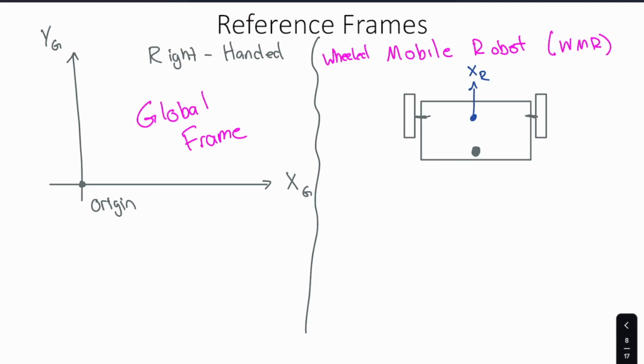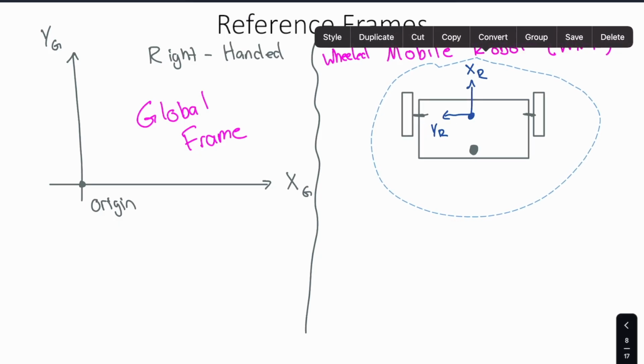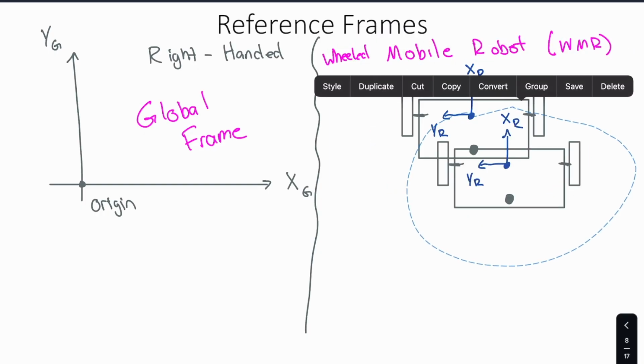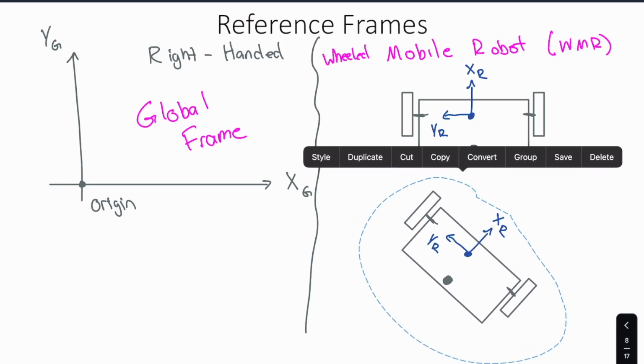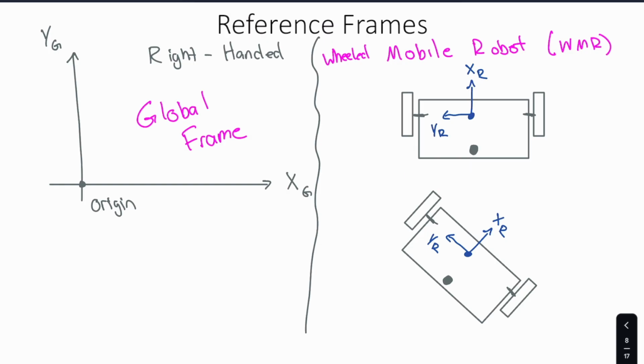And just like for our global frame, with respect to the x-axis, our y-axis is going to point off to the left. So we'll call that Y_R, the y of our robot's frame. And if we take this picture and rotate it, the key is, for the purposes of the robot, the X and Y frame does not change.